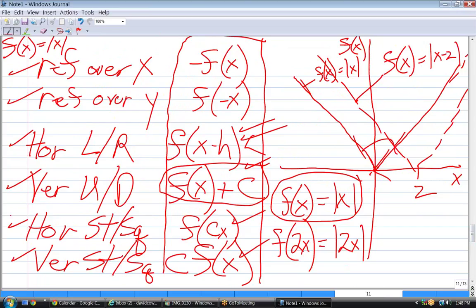So when I'm looking at this fifth one here, horizontal stretch or squeeze, that's where you would have something inside. In other words, what they give you always is this. And they say, what's going on here? So I have to be able to go backwards. I have to say that if I'm looking at the absolute value of 2x, well, that must mean that I'm talking about f of 2x. And if I'm talking about f of 2x, I'm talking about a horizontal stretch or squeeze.